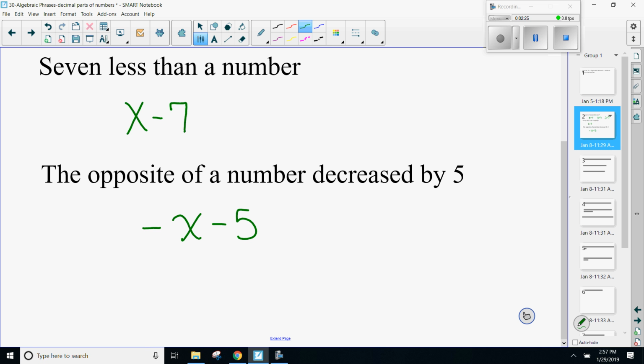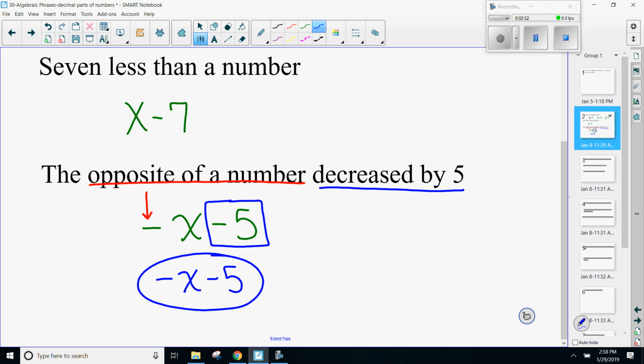If we look at where it says the opposite of a number, that's represented with the negative in front of it. And then decreased by 5 is shown right here. So you do have the opposite of a number decreased by 5, and that is the way that you would show that expression.